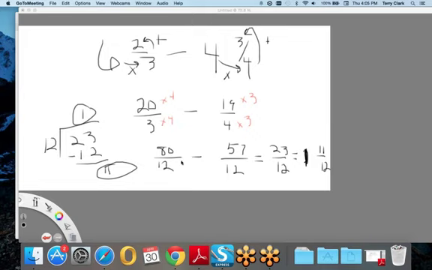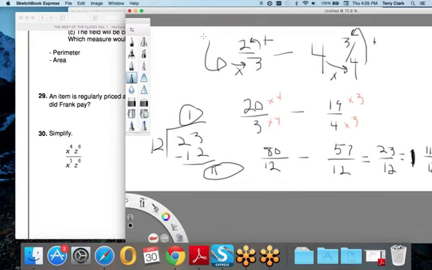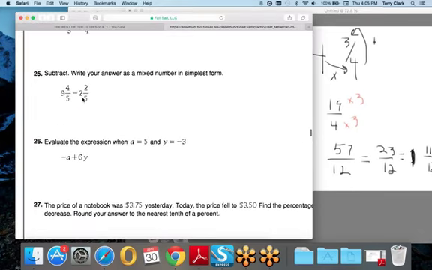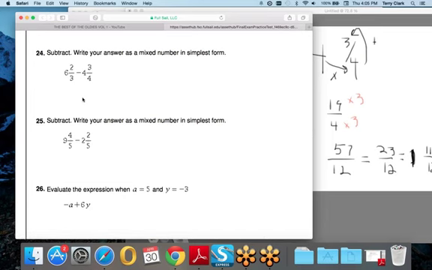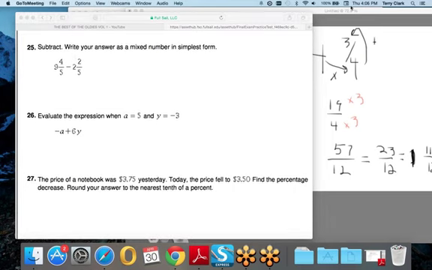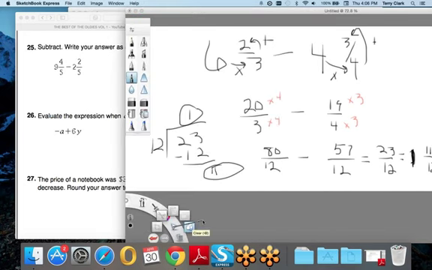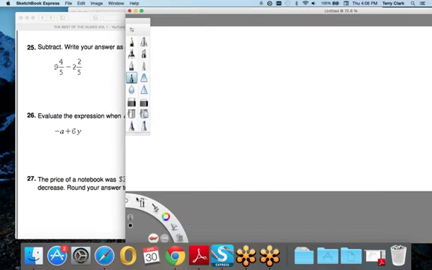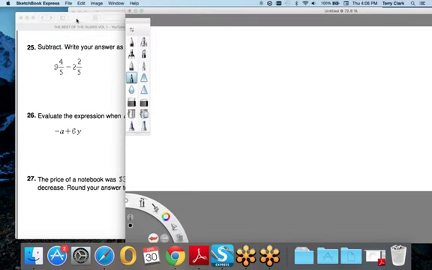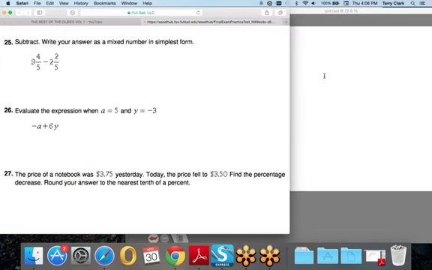You know what? Let's do this. Let me see where we're at. Let's skip 25 and let's do 26. I'm anal, that's my math personality. I can't help it. I follow rules, sometimes to my own detriment. Let's go ahead and see if we can finish out these problems because there's not that many of them.